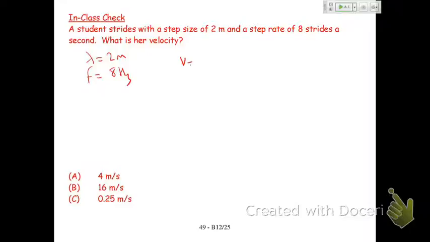What's its velocity? v equals f lambda, so v is equal to 8 times 2, which equals 16 meters per second. Yep, piece of cake. When you deal with it in terms of people walking, it's a piece of cake.